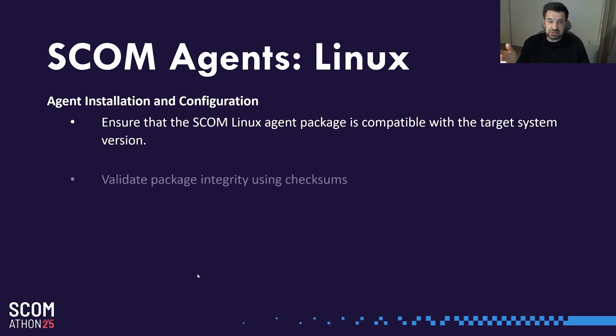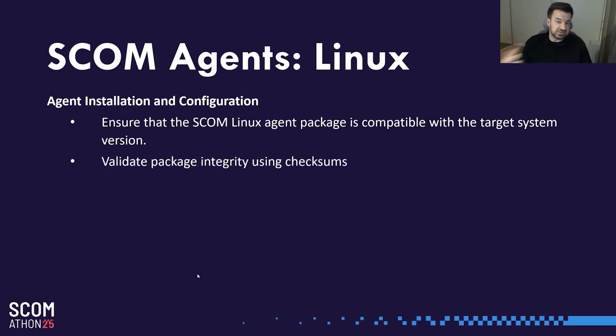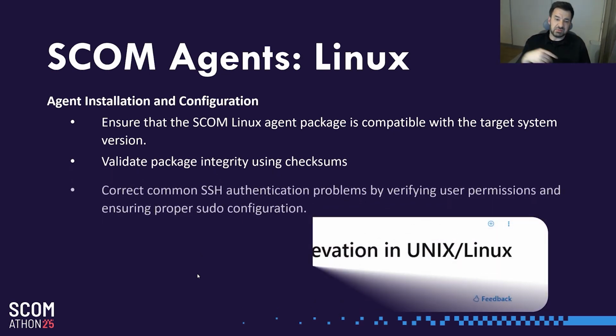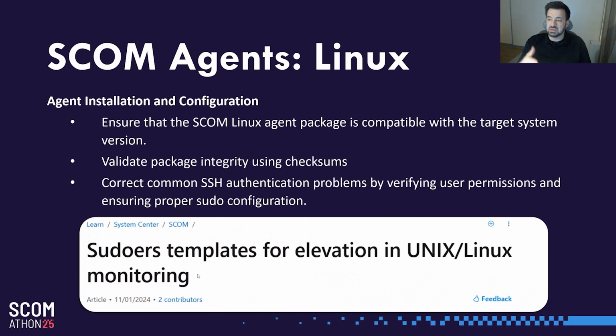Of course, this package's integrity needs to be verified. And one point which I find very important is configuring the proper permissions in regards to your agent, and also the proper permissions for the RunAs accounts which are used for monitoring your Linux systems.